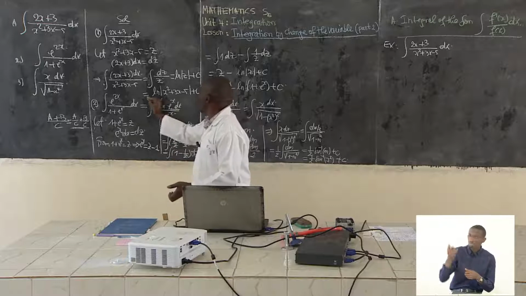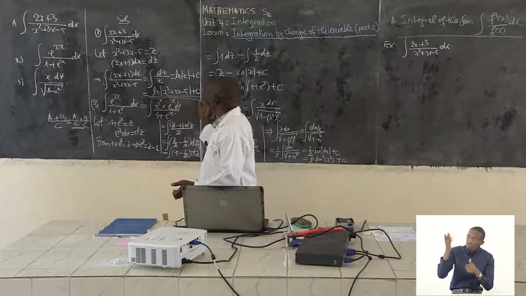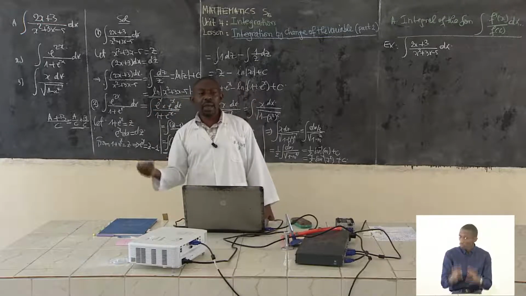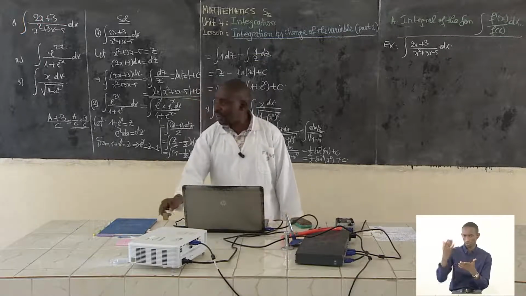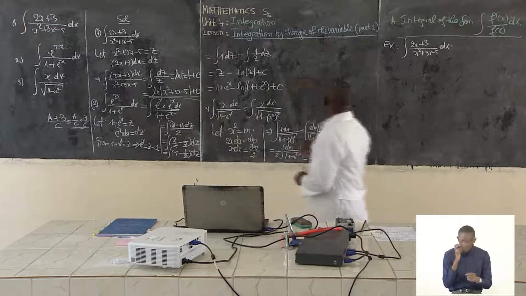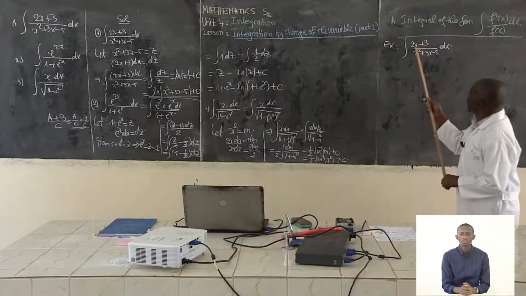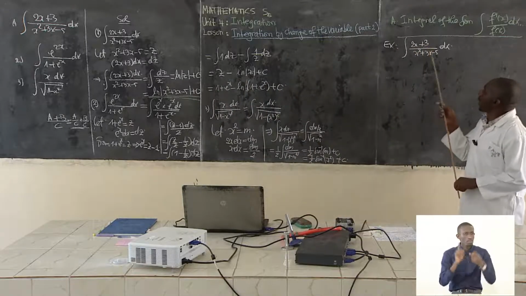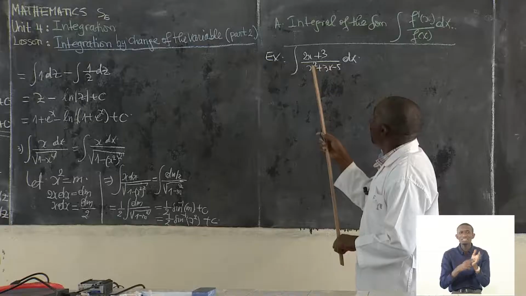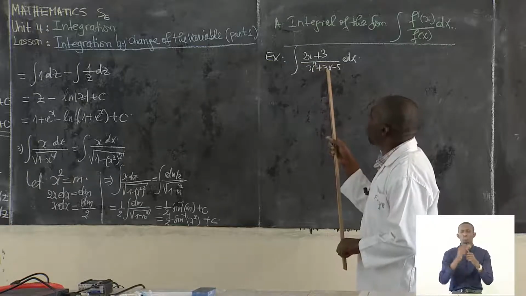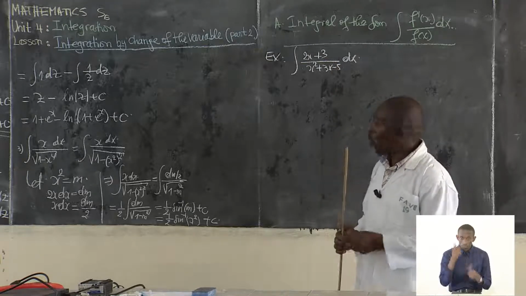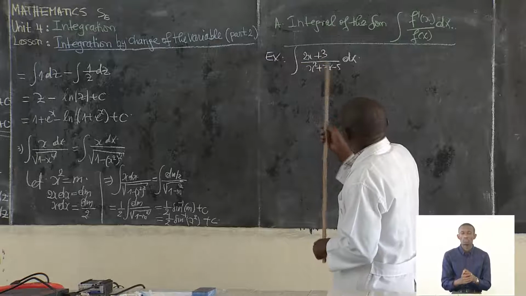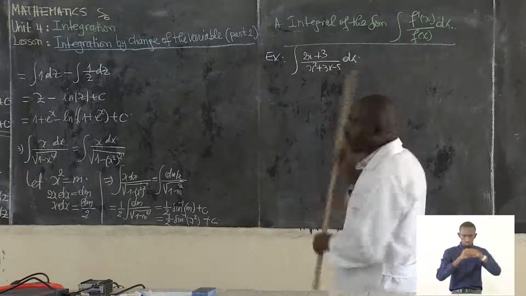This is the answer when you use integration by change of variable, isn't it? But when you observe, 2x plus 3 is the derivative of x squared plus 3x minus 5. Already the numerator is the derivative of the denominator.